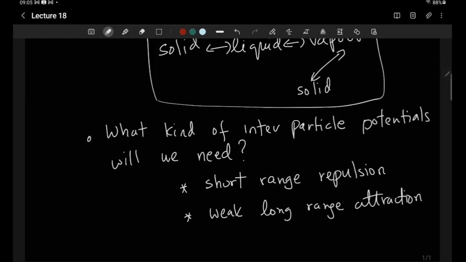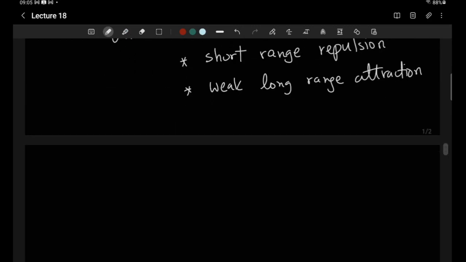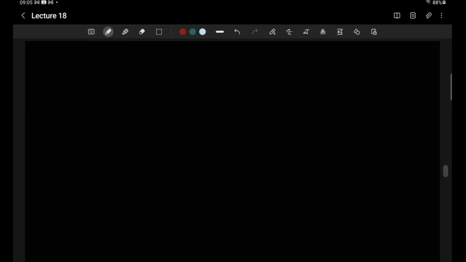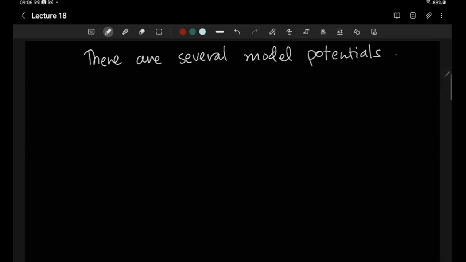So these are the general properties that you need for real gases, and of course there are several candidate model potentials with such behavior.